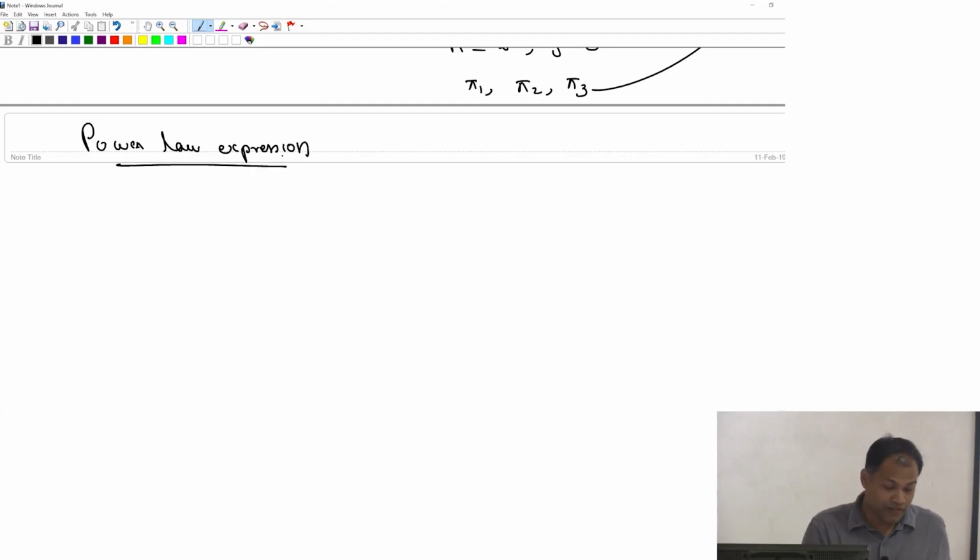Is this always going to be the case? Can we always write the dimensions as a power law expression? We are going to prove that yes, it is possible, and therefore all the things that we have said so far will continue to hold for any problem that you pick up. Is the objective clear?